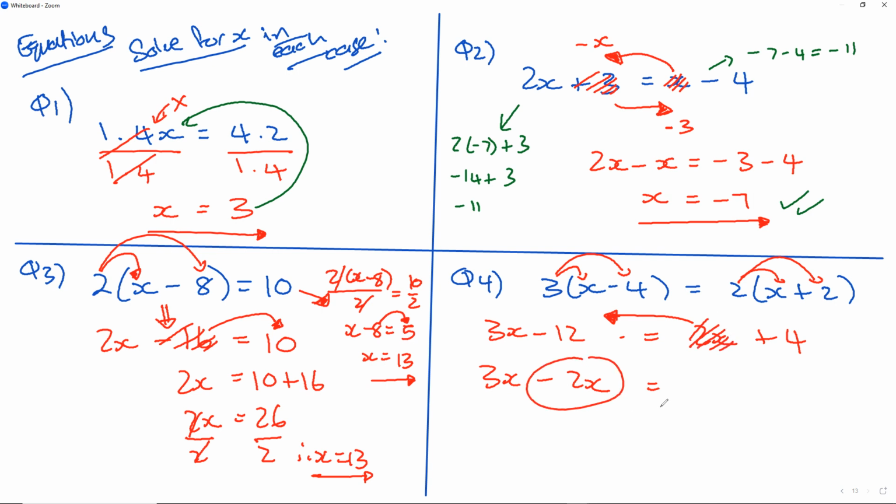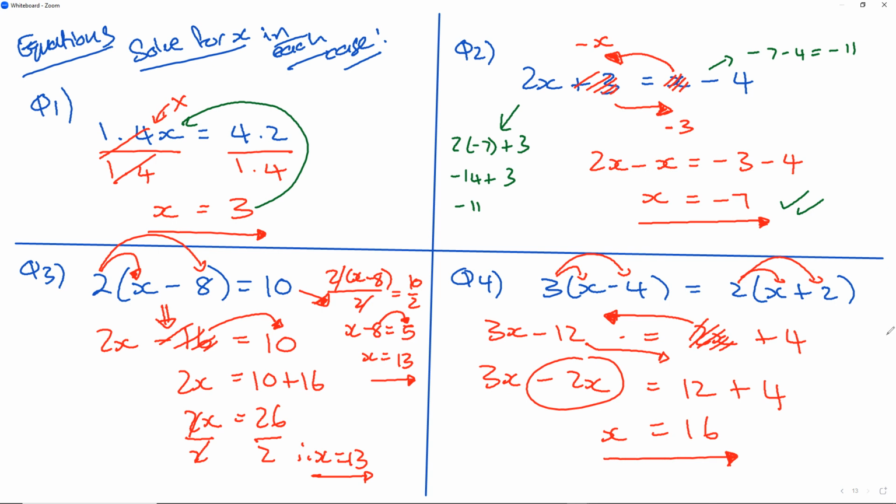Then negative 12 also moves over, becomes positive 12. And positive 12 plus 4 is 16. 3x minus 2x, put together like terms, which is x. The final answer is x equals 16.